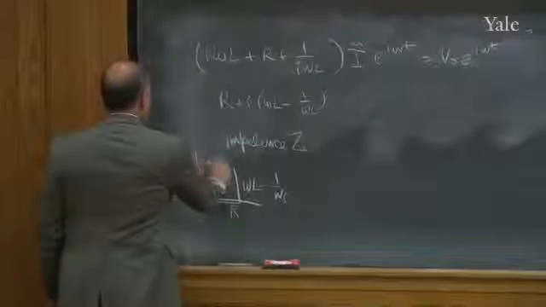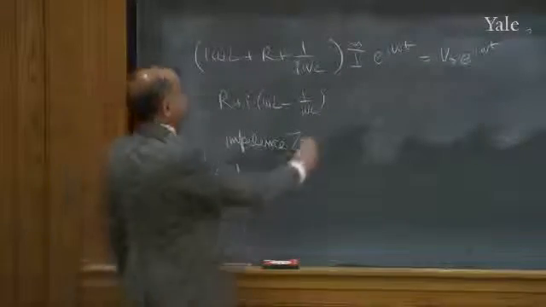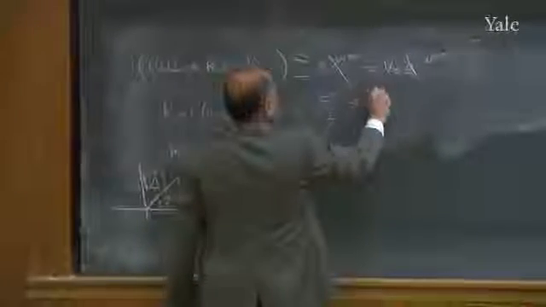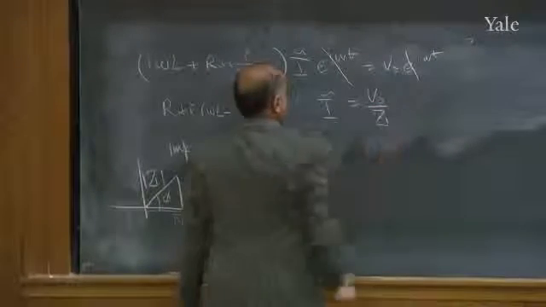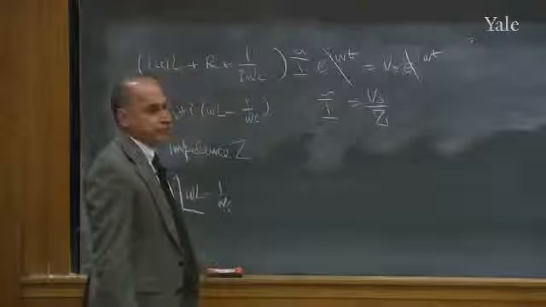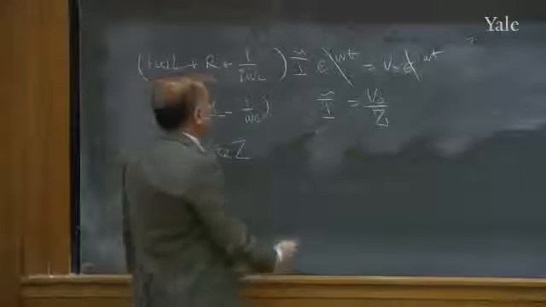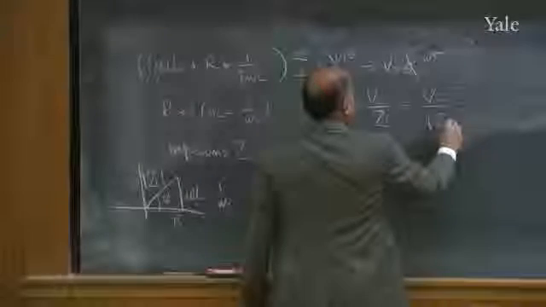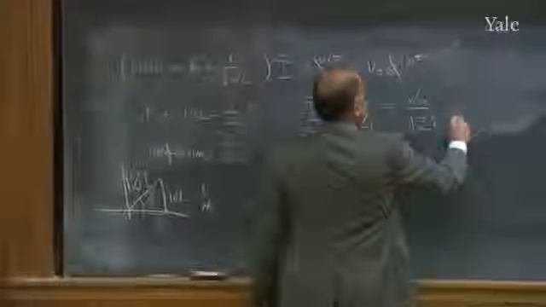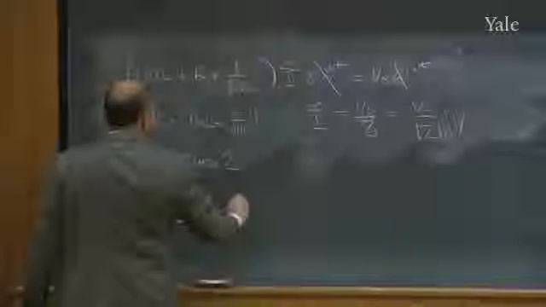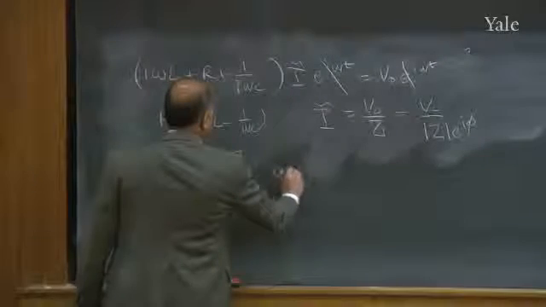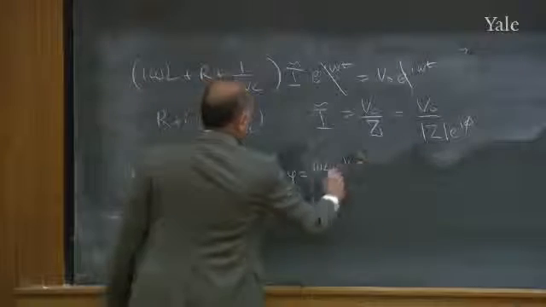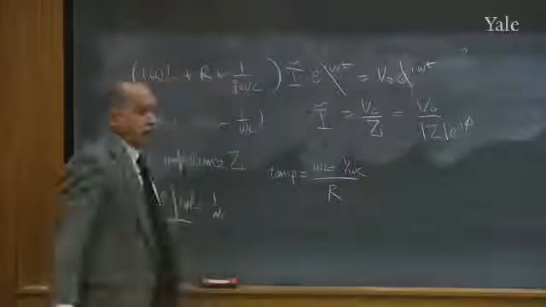If you want this, the modulus of Z. Therefore, canceling this, I find Ĩ is equal to V0 over Z. That becomes V0 over the modulus of Z times e^{iφ}, where φ is this angle defined by tan φ = (ωL − 1/(ωC)) / R.